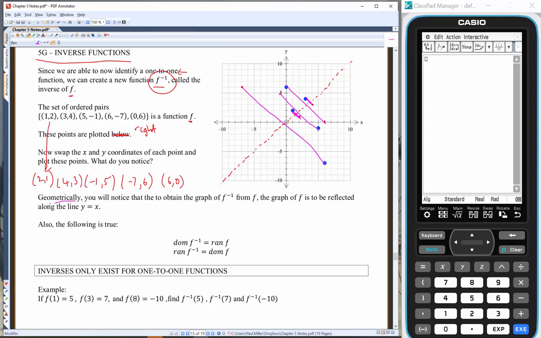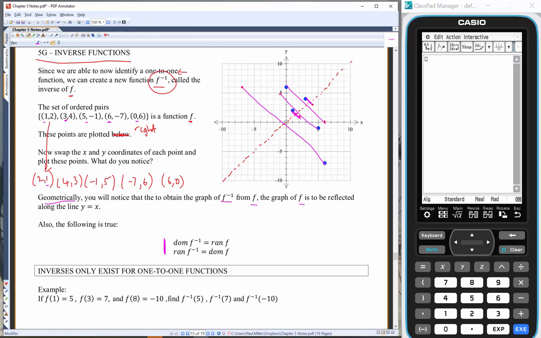And hopefully then geometrically you will notice that to obtain the inverse function from the original function, the graph of f is to be reflected along the line y equals x. And the following statements are true. The domain of the original function is 1, 3, 5, 6, 0. Because we swap the x's and y's, this domain will become the range of the inverse.